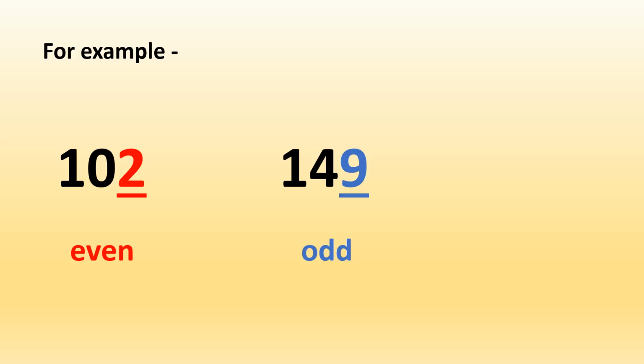Now let's look at the last example. Now we have number 164. Which number is at ones place? It is number 4. And we all know that 4 is an even number. So 164 will be an even number.